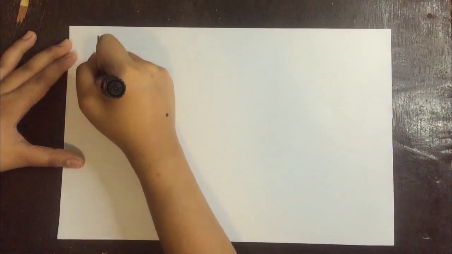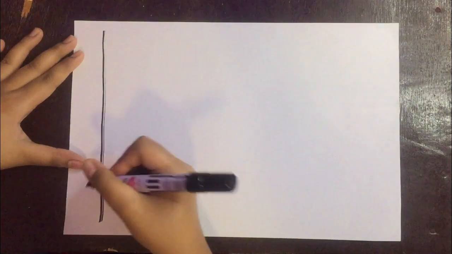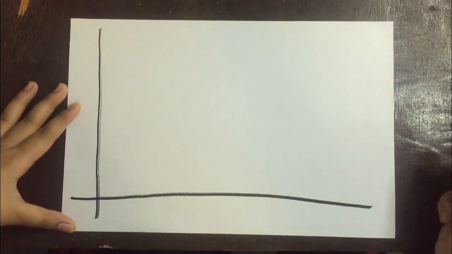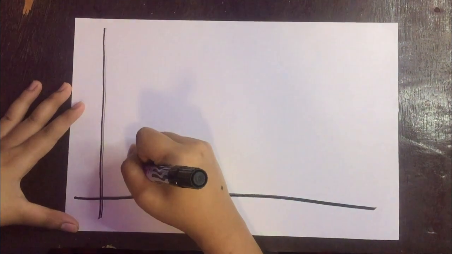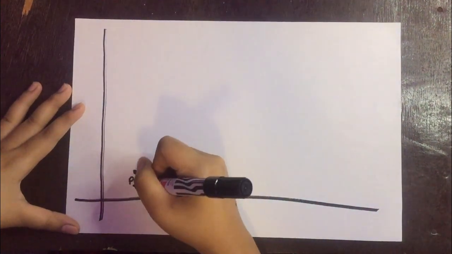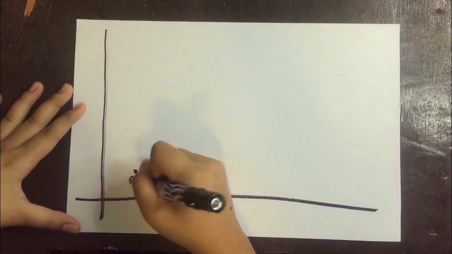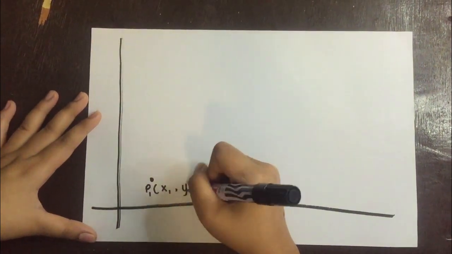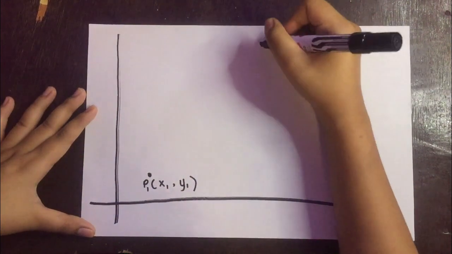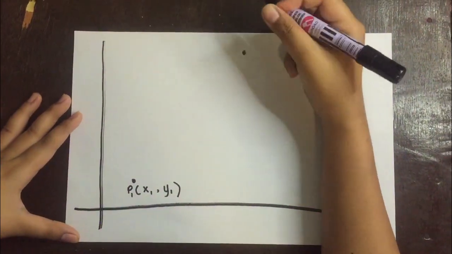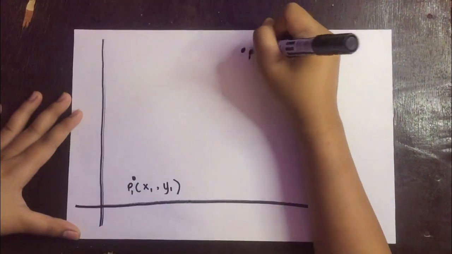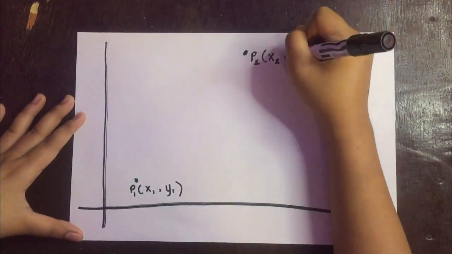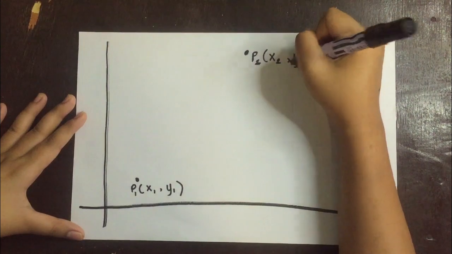Now let's proceed to our distance formula. So suppose that we have 2 points, point 1 is x sub 1 and y sub 1, and point 2, which is composed of x sub 2 and y sub 2.